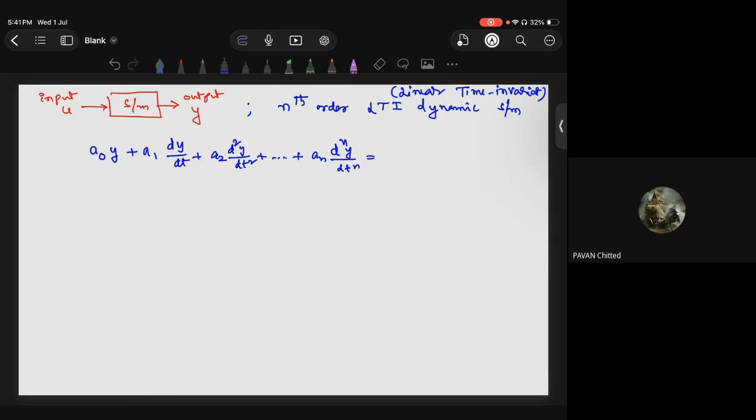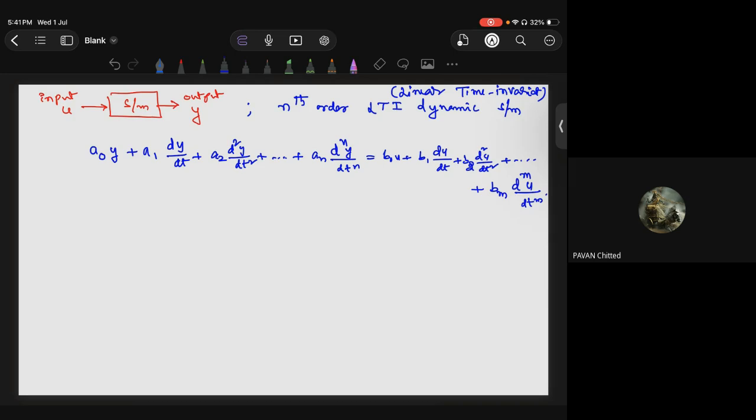The right side is similar: b naught u plus b1 du by dt plus b2 d square u by dt square plus etcetera, plus the ending term bm dm u by dtm.